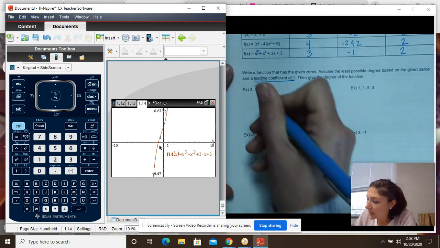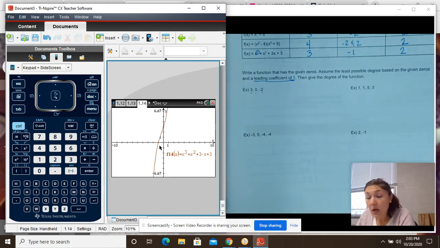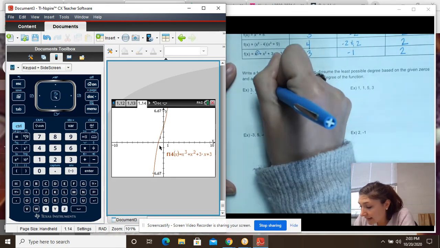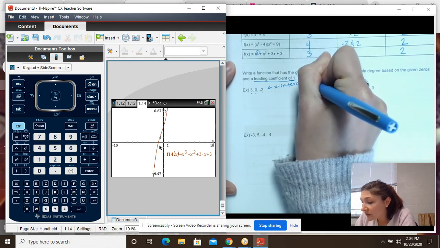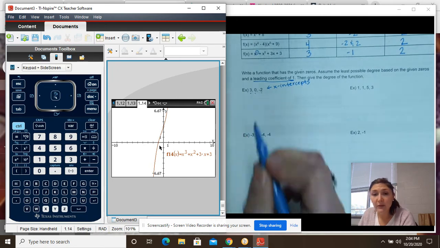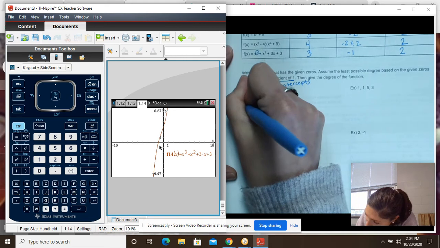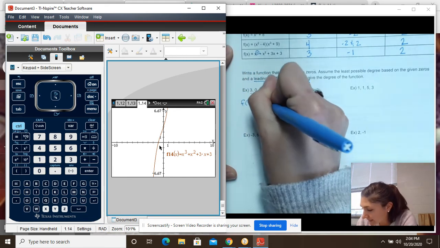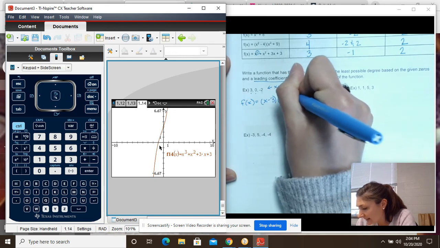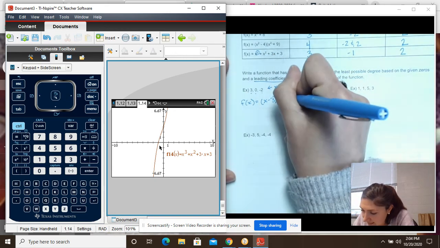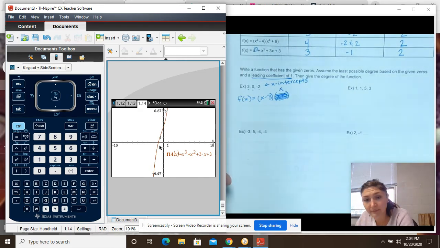We can do that. So for my first function, it says my zeros are 3, 0, and -2. Remember that these I would see as x-intercepts on the graph. So I could use these to write a function the same way we used x-intercepts to write a function in our last unit. So my function would be x minus 3 and then x minus 0, or you could write it as x plus 0, that also works, or you could just write that as x.